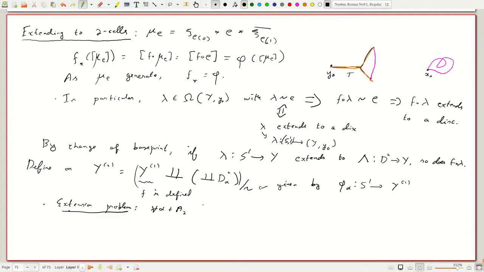What we need to say is that for any such thing, f composed with phi alpha extends. So let's be explicit, since this is the important point. This is S1 to the target X, extends to whatever we want to call it. Let's keep it anonymous, but the map from D2 to X.